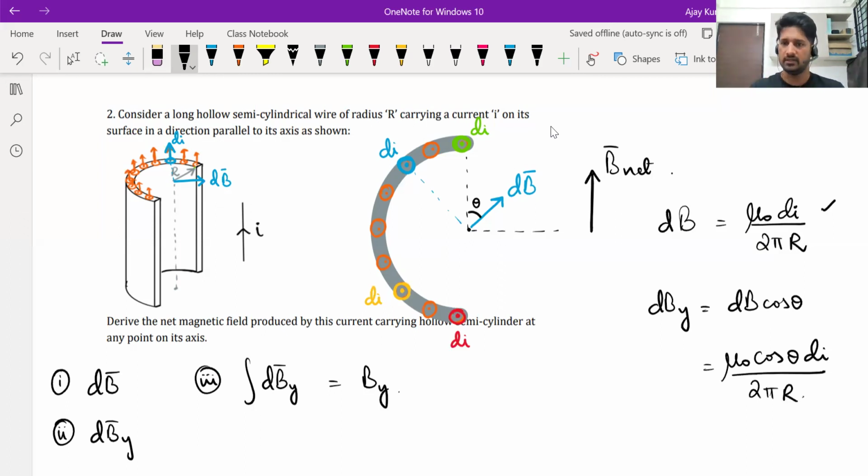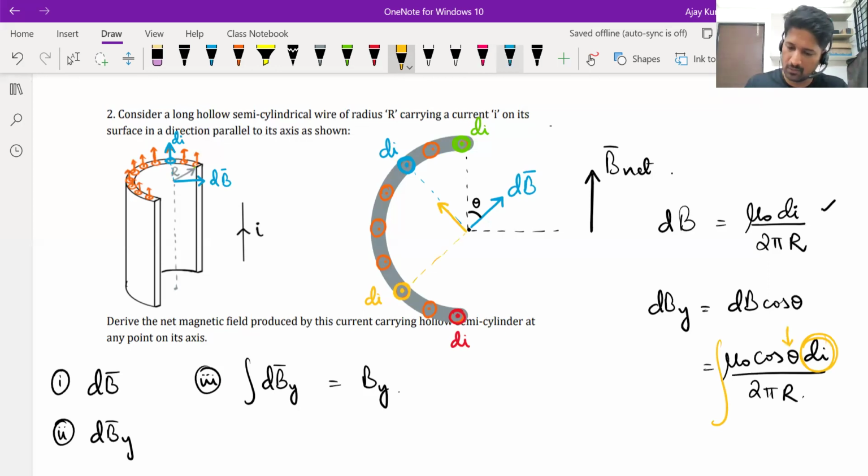Now we'll need to integrate this. But imagine integrating this. You are integrating with respect to current, but theta is a variable here. Do you agree with that or not? This current di, the blue one, you observe the second diagram, it creates dB in this direction. Some other current, let's say the yellow one, creates a magnetic field this way. Then it will make a different angle.